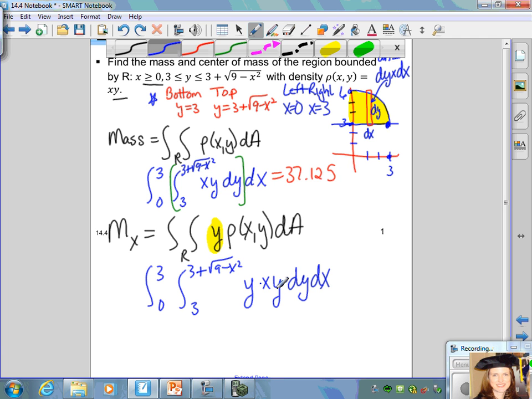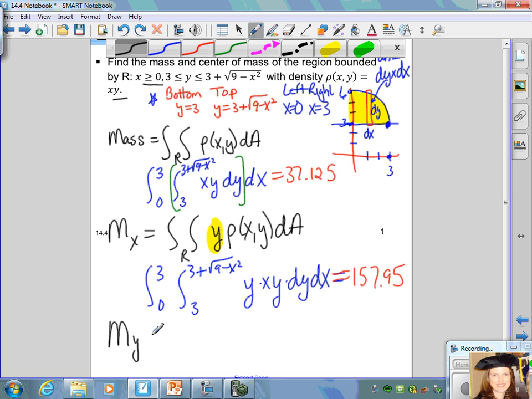You integrate with respect to y, it's going to be y cubed over 3. So you can work through that, and when you use a calculator to evaluate that, you get that this moment with respect to the x-axis is approximately 157.95. So that we could then move on to our next moment.